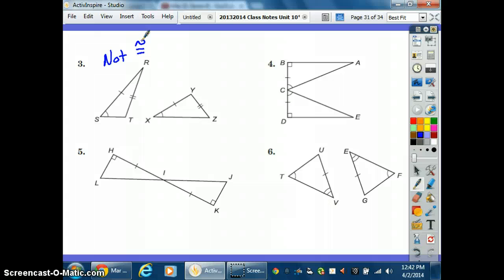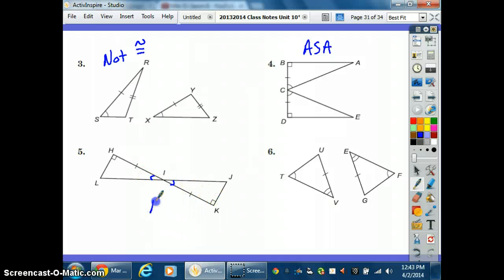All right, number 4. Okay, it goes angle, side, angle. ASA. These two triangles are congruent. Are these triangles congruent? Well, let's mark in our vertical angles. Always do that. Helps your brain think. Angle, side, angle. See how the side is in between these two angles.